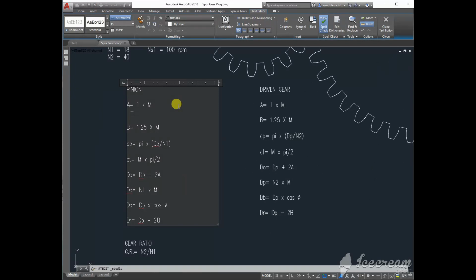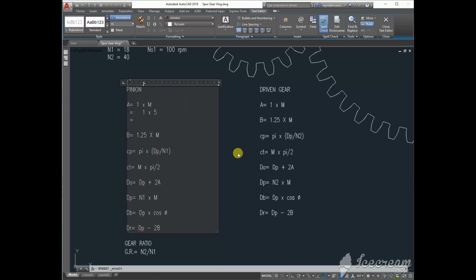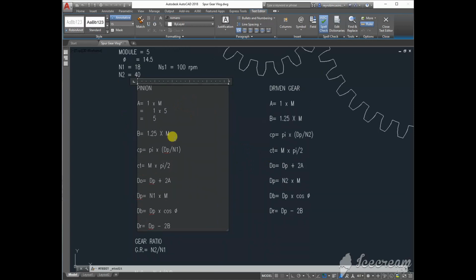To solve for the addendum, we say that a is equal to 1 times 5, which is equal to 5. The dedendum will be 1.25 times 5, which is equal to 6.25.